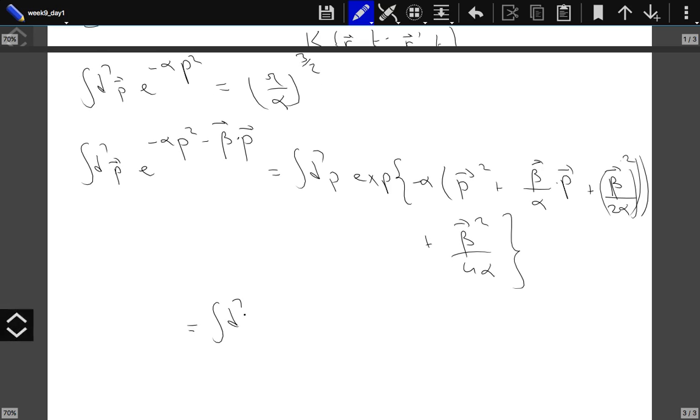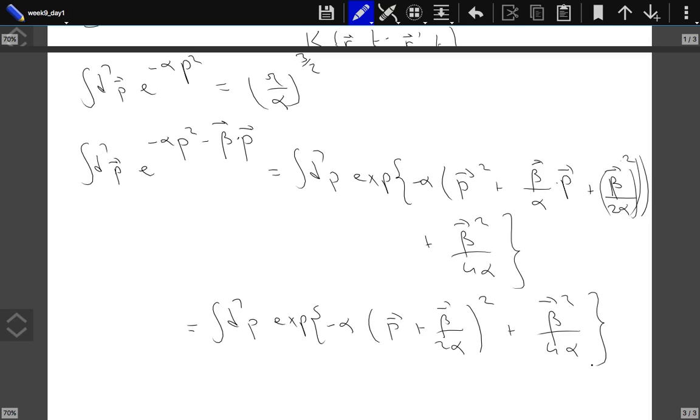This is equal to d cubed p, exponential of minus alpha. The reason why I added and subtracted that term is that now the first parenthesis is nothing but p plus beta over 2 alpha, squared. And then I have the other term, beta squared over 4 alpha.